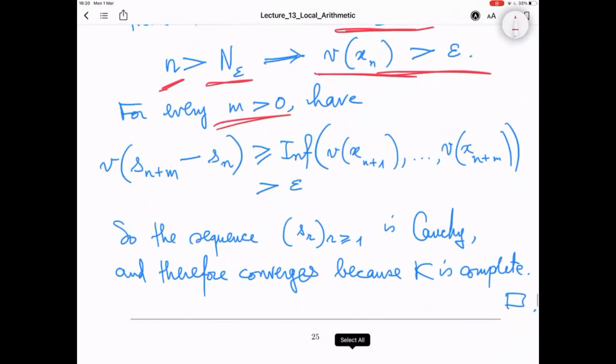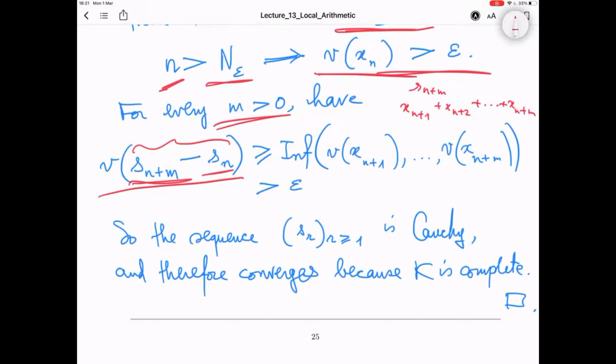Now for every m, what is v of S_{n+m} minus S_n? It is equal to x_{n+1} plus x_{n+2} plus up to x_{n+m}. And the valuation of a sum is always bigger than or equal to the smallest of the valuations of the summands.